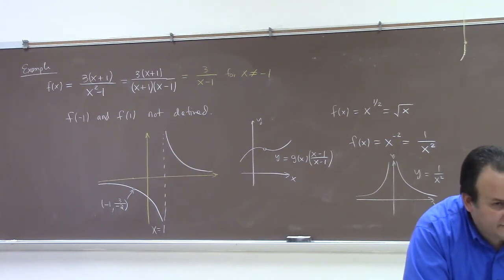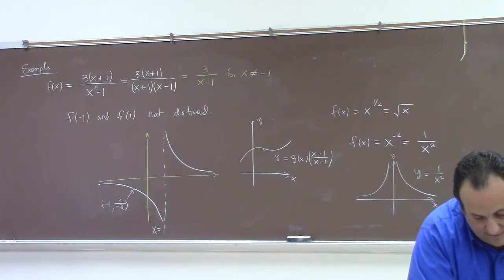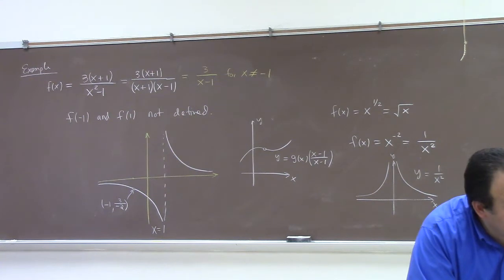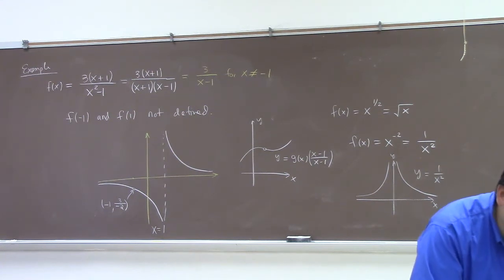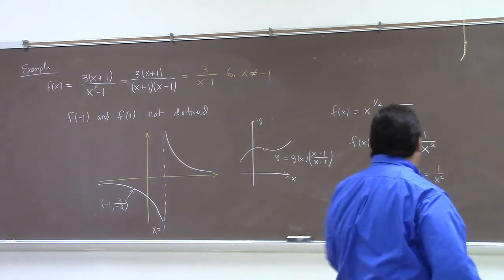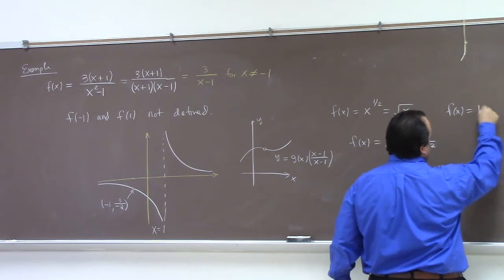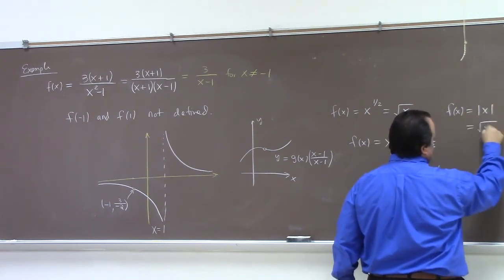Next up is algebraic functions. Algebraic functions are pretty much functions whose formula is defined by a finite number of algebra steps. And there's a lot of weird stuff that can happen with algebraic functions. The absolute value function is an algebraic function, because the absolute value function is the square root of x squared, right?